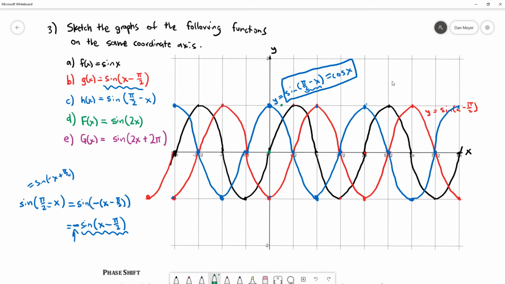So when we compress all of the things on the sine graph by a factor of 2, now our period gets cut in half. It oscillates twice as fast. Every pi over 4 instead of pi over 2 is when we get a new point. This is getting all kinds of messy, isn't it?